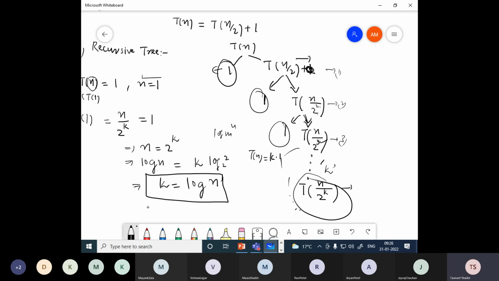So t of n for this program is equal to k, and my k for the kth instance is equal to log of n. So the total time for this recurrence will be logarithmic. The final solution is without the t terms, and we can proudly say that yes, we have been able to solve such a recurrence.